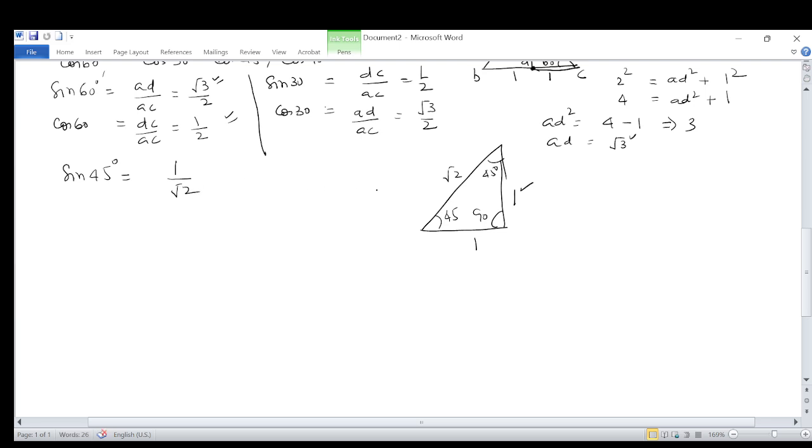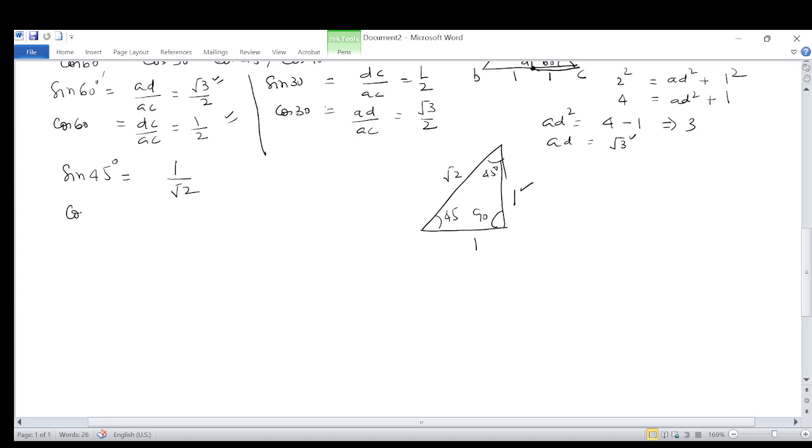Assume a right angle triangle whose base and perpendicular are equal; only then will it become 45, 45. If base and perpendicular are the same, only then will the angles be 45 and 45. So always take a triangle of unit length, and the hypotenuse becomes under root 2. So sine 45 is equal to this.